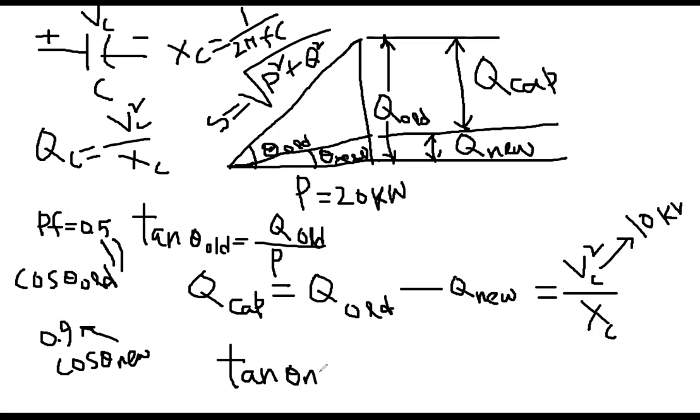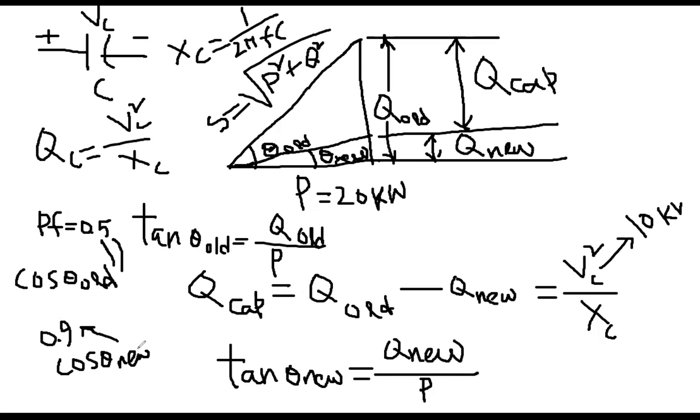This means tan theta new. Again, what is that? Q new over P, similar to this one. Again, P is 20 kilowatt. You are getting tan theta new from here. This is the cos theta new value.